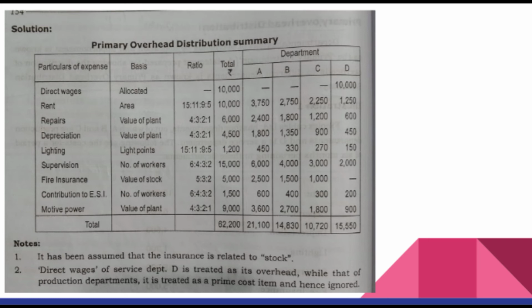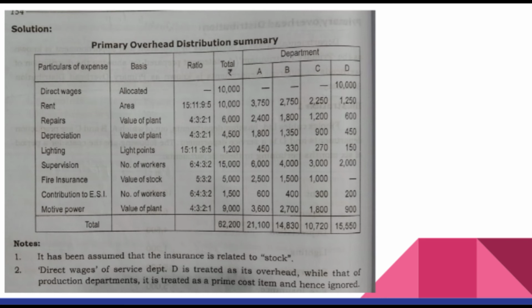So, in our question, direct wages are given in the basis of apportionment part. From that part, we have to take direct wages as the first item in the statement. And we should allocate the service department amount 10,000 only to the service department, not to the production departments.